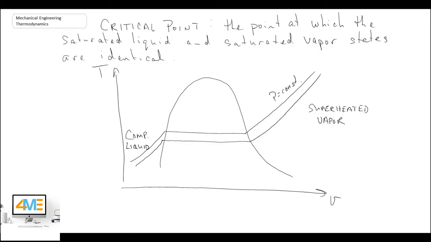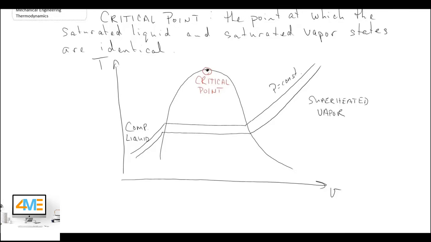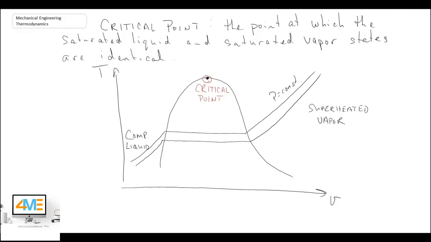Now, your critical point is up here. So this is your critical point. And when you go above it, if you have a fluid that is at a certain pressure and you're heating it, it can actually exceed the critical point, in which case we refer to that as being a supercritical fluid.